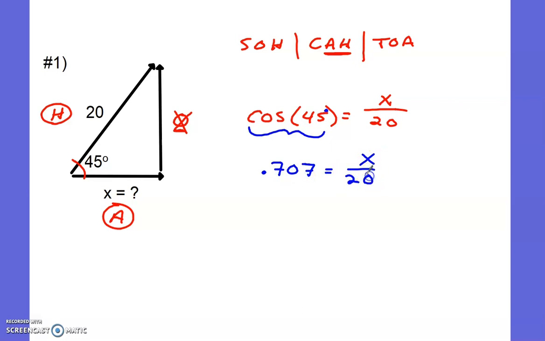And that's equal to x over 20. At this point, we're solving for x. So to do so, we multiply by 20 on each side. Here the 20 cancels out, and we're left with that distance is 14.1.